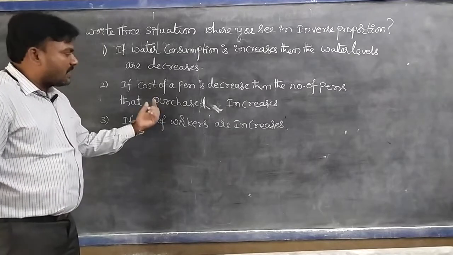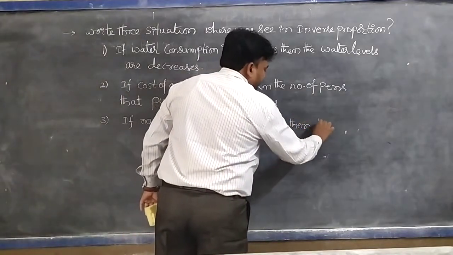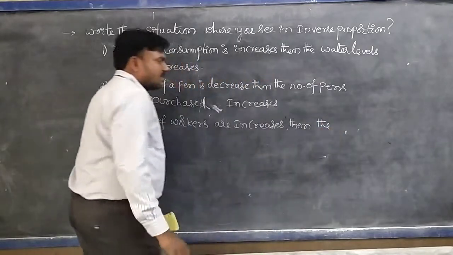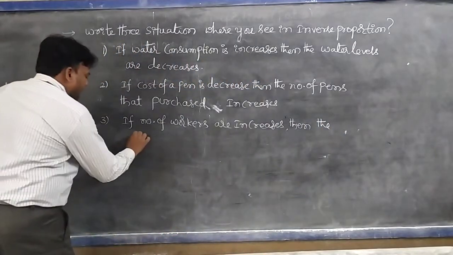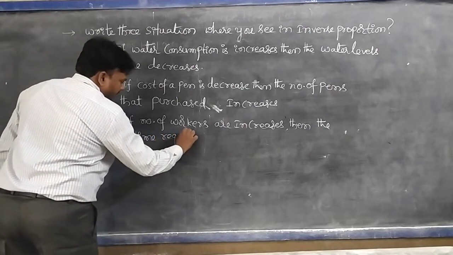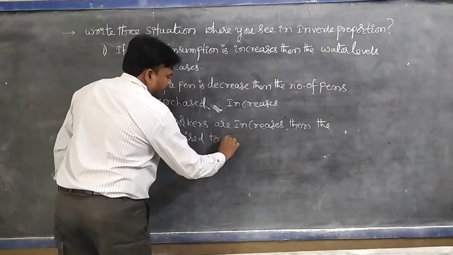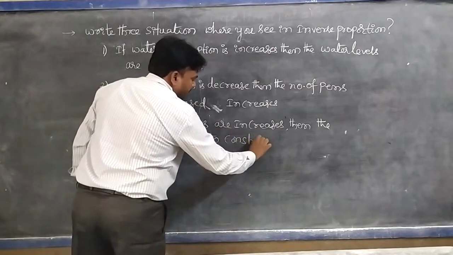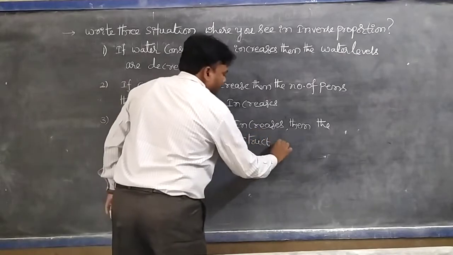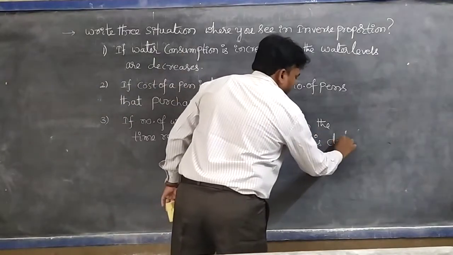So if the number of workers increases, then the time required to construct a wall decreases.